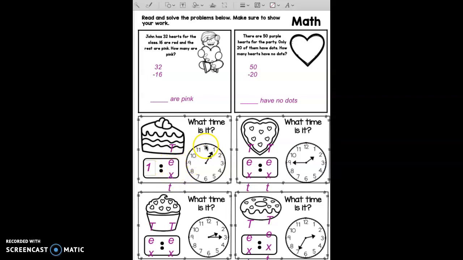Okay? And I know that if I start at the 12, every time I get to a number, it's 5 more minutes. Okay? So if I started here and I went here, 5, 10, 15, 20, 25, 30, 35, 40, 45, 50, 55, and back to o'clock. So if I'm looking at my minute hand, the long one, it's only done a hop of 5 minutes.